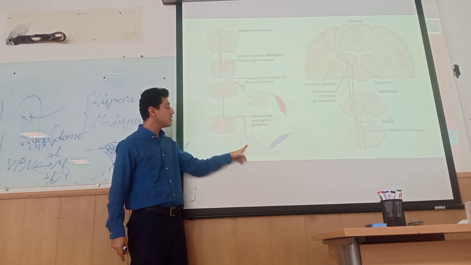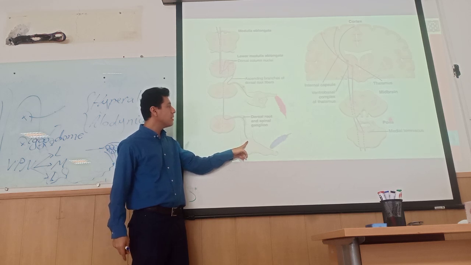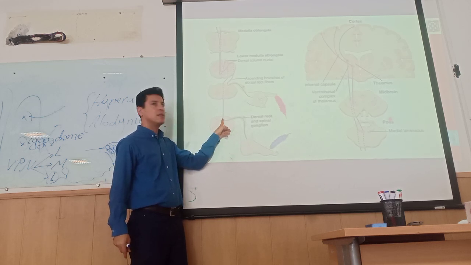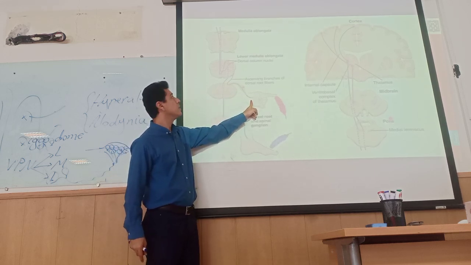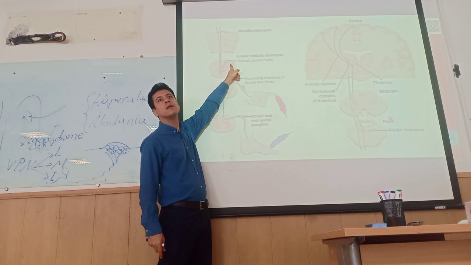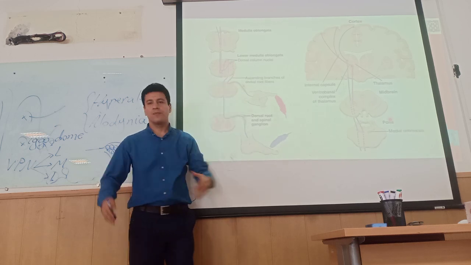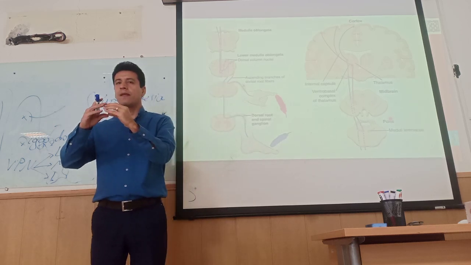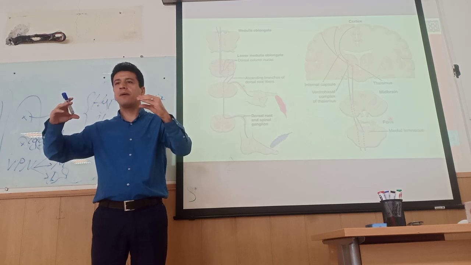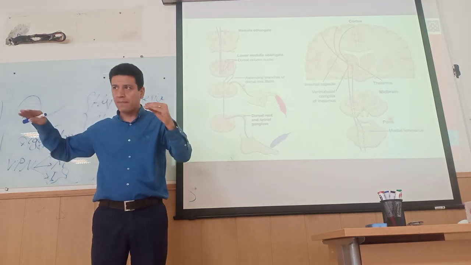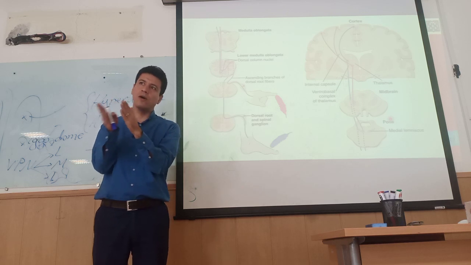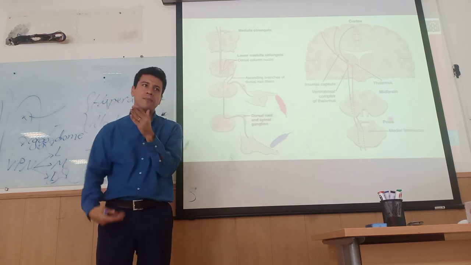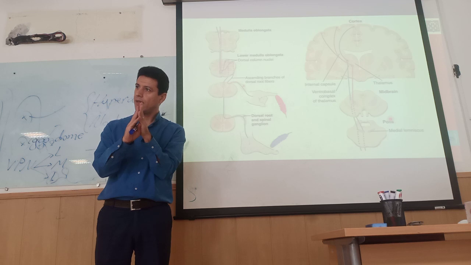So you can see that fibers from the leg go to the gracile, but fibers from the hand go to the cuneate. We have a range of the fibers in the cervical segments. Those that are located medially, close to the midline, are from the lowest part of the body.